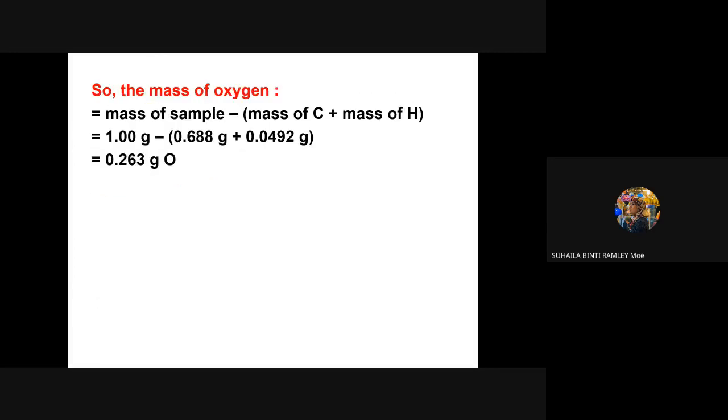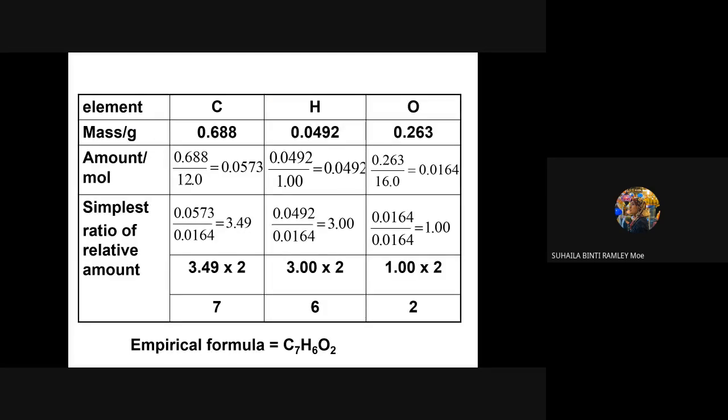Then to calculate the mass of oxygen, mass of sample minus total mass of carbon and hydrogen. Then as usual, construct a table and calculate the simplest ratio of mole.